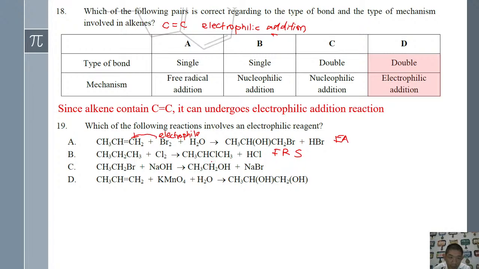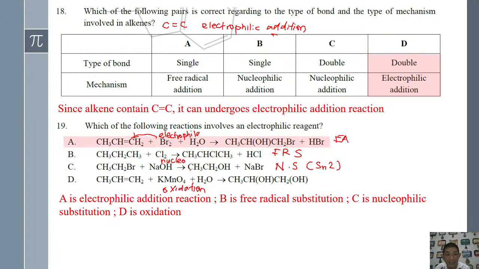As for this one, this is a nucleophilic substitution, specifically SN2. And whereas this one is oxidation, so it does not behave like an electrophile or anything. So the best answer in here is A. So this is for question number 19.